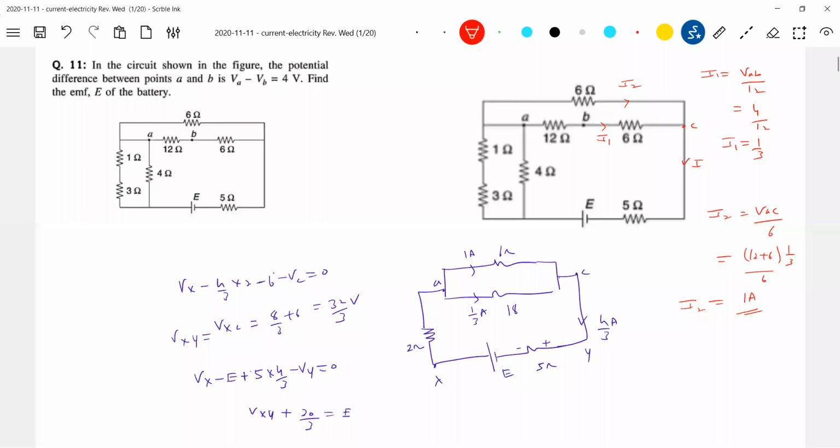Only that Vxy, sir. You calculate Vxy equal to Vxc. Oh, this Vx. Here I think there's a problem.